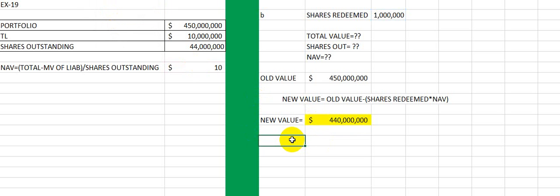Okay. This is 1. 2, the number of shares outstanding. The shares outstanding equal all shares outstanding minus shares repurchased or shares redeemed.